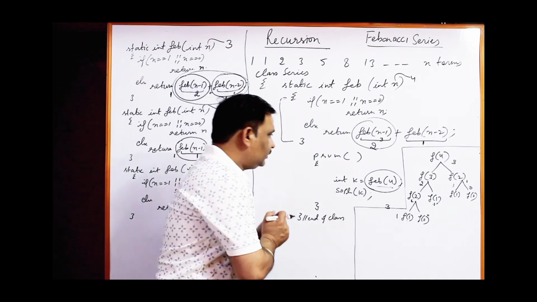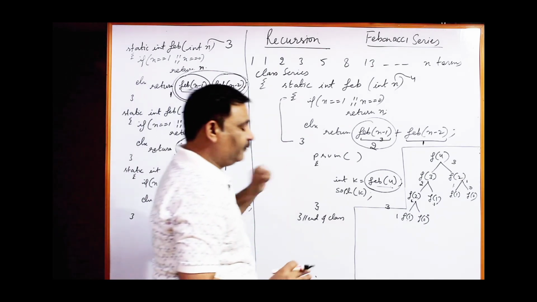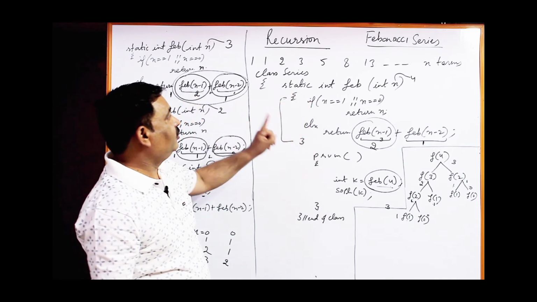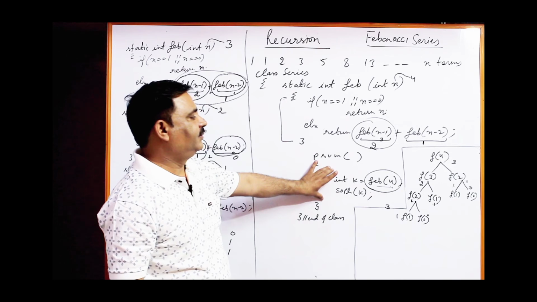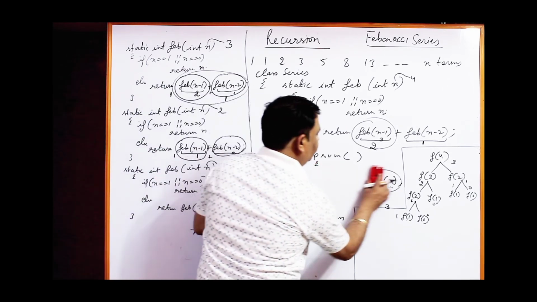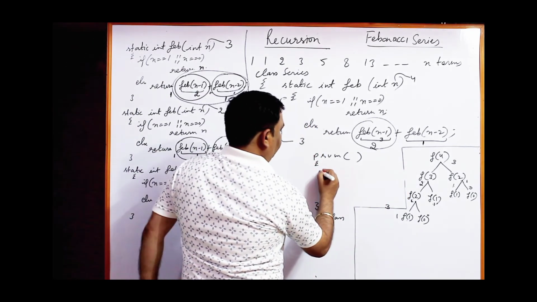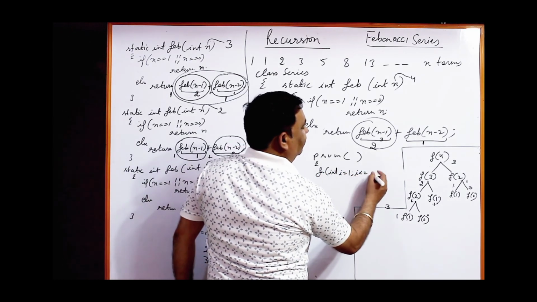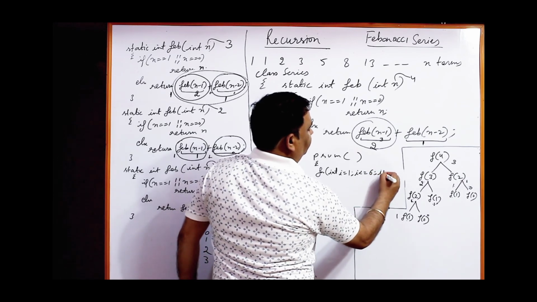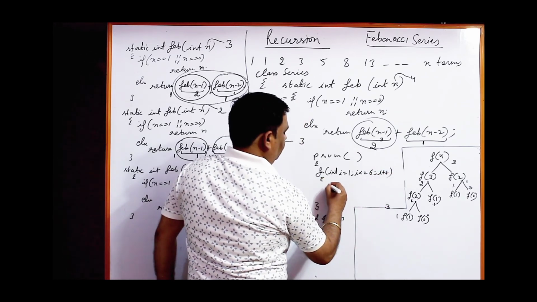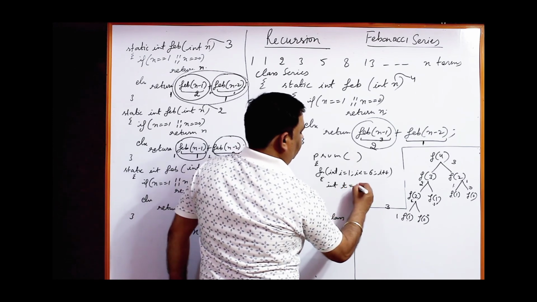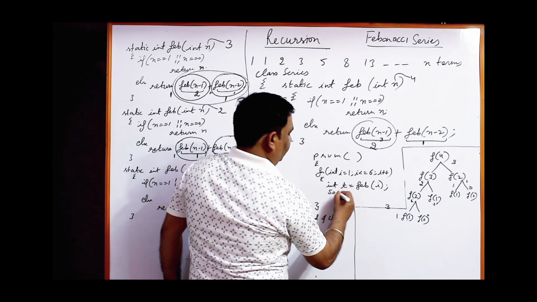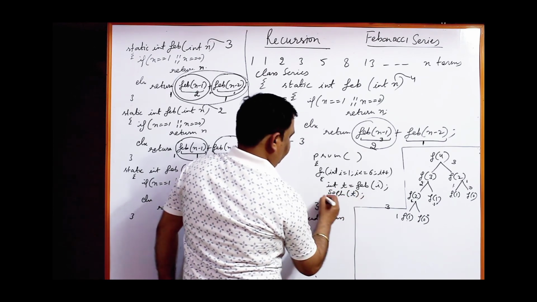So one more thing, if you have to generate the Fibonacci series, because this function is just to give you a single term, if you have to generate the whole series, then make a loop here. See, I am converting this by making the loop for int i equal to 1, i up to, suppose I want to generate 6 terms. int t equal to, call the function by passing i, and print the value of t.